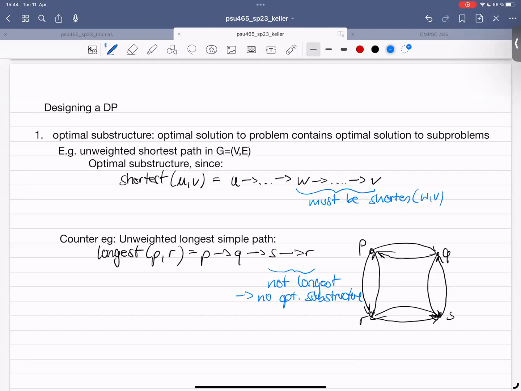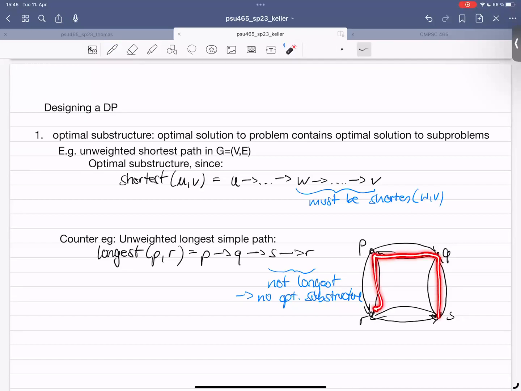And so on a high level, what distinguishes these two problems, even though they sound so similar, is that the subproblems are not independent in the case of longest path. They are in the case of shortest path. When you compute the longest path, for example, from S to R, you would, as I said before, go in this direction.